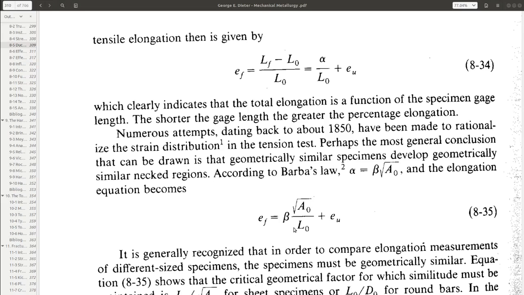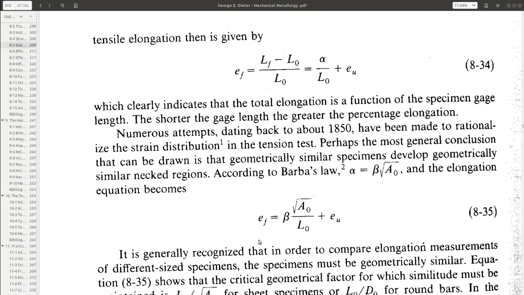In order to do the tensile test, we can't choose any arbitrary cross section area and length. There is some standard we need to maintain. Using that standard, we need to make the specimen and do the tensile test.